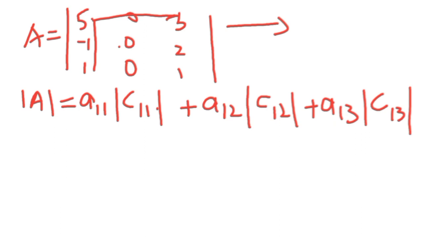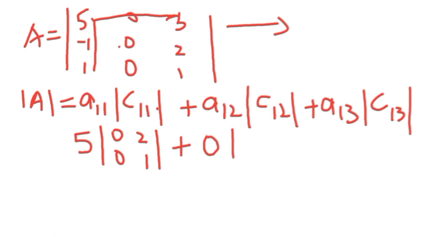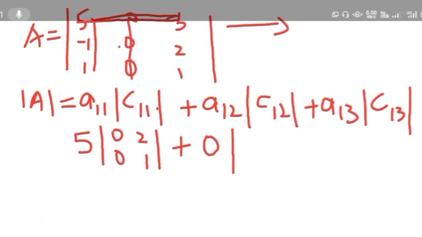That is, we have 5 multiplied by the cofactor, the determinant [0, 0; 2, 1], plus we have A12, which is 0, so we write 0 here, and mentally delete the row and the column, this very row and this very column, and take the determinant of the remaining elements.